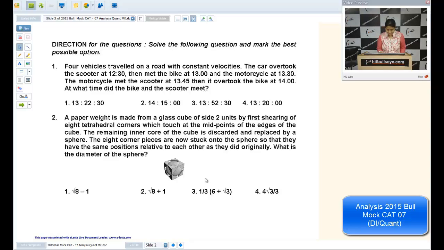So, what is the thing here? These 8 are the tetrahedral corners. This as well, and at the back of that, these are the 8 corners, tetrahedral corners. We are removing them, and the cube side is given as 2.